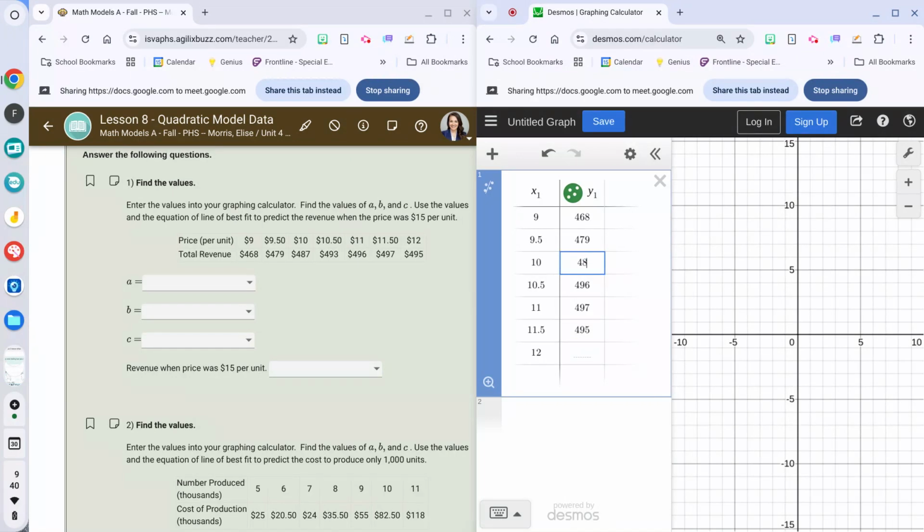All right. It happens. 487, 493, and then we have 496, and then 497, and 495. So make sure that it lines up. You double check that you enter all your data correctly.